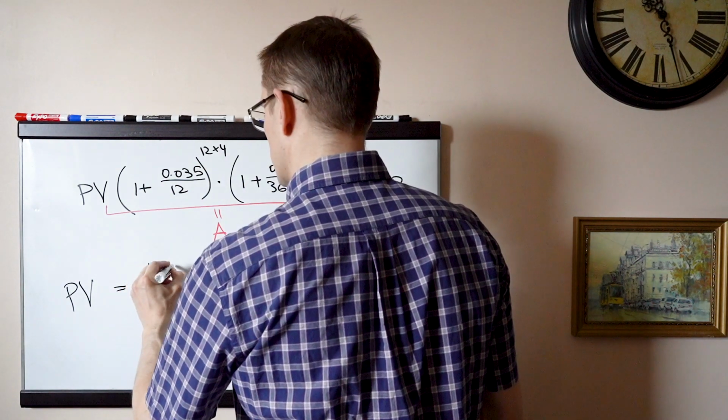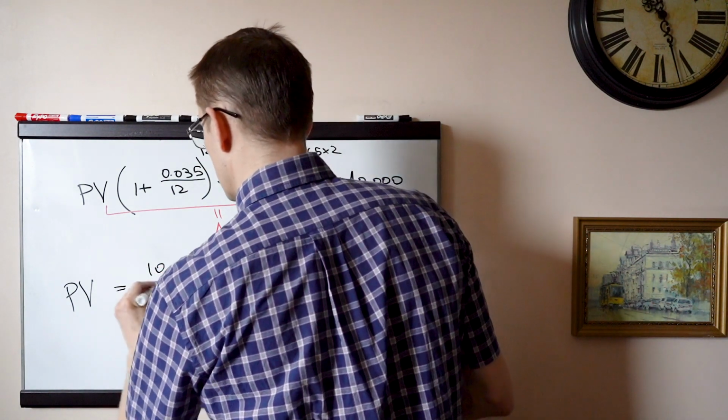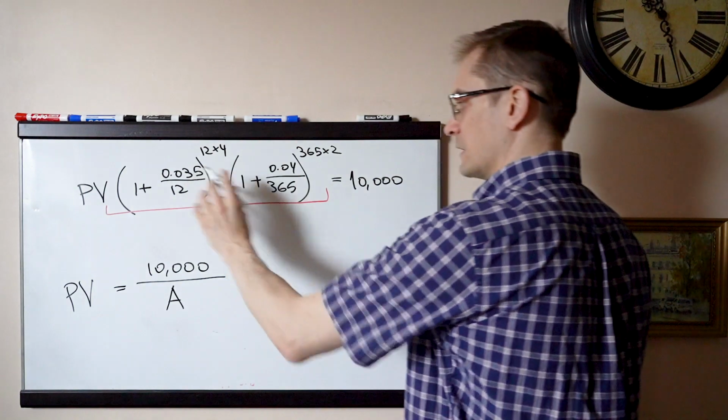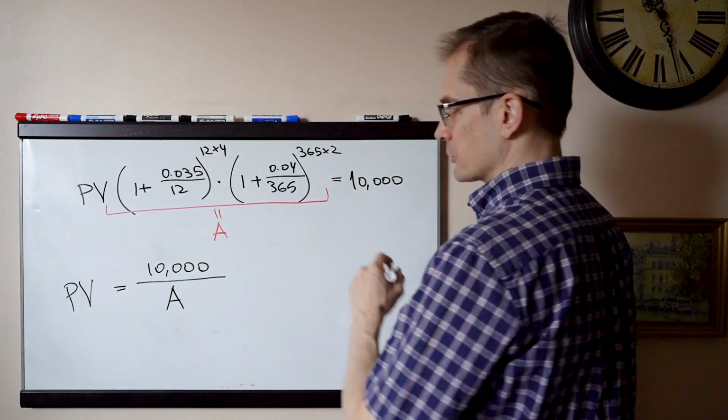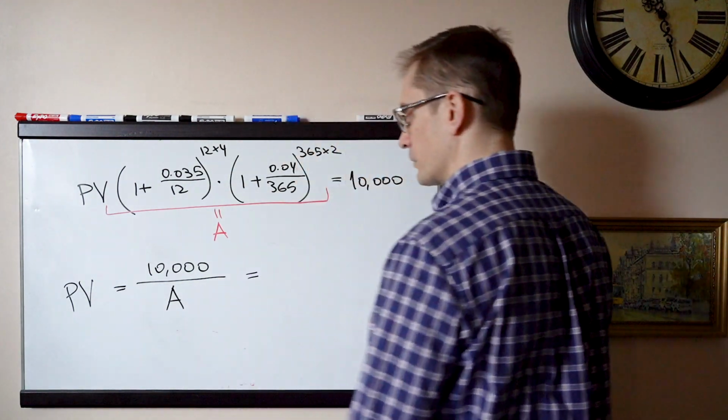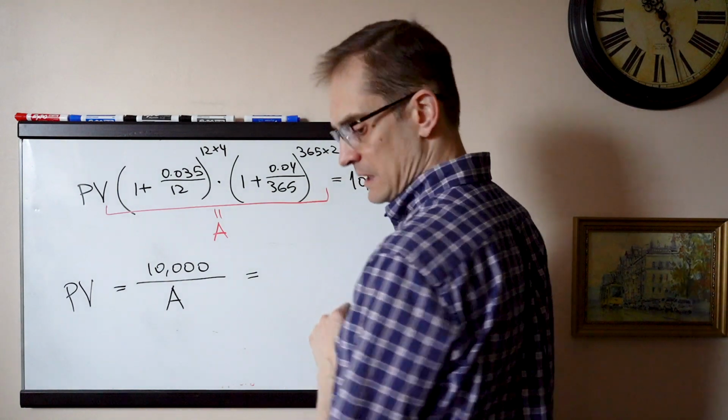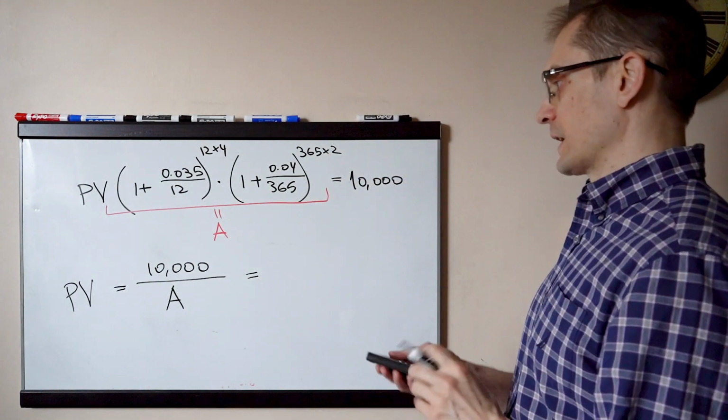It will be $10,000 divided by this A. So now it is time for us to very carefully compute this, and let's do that.